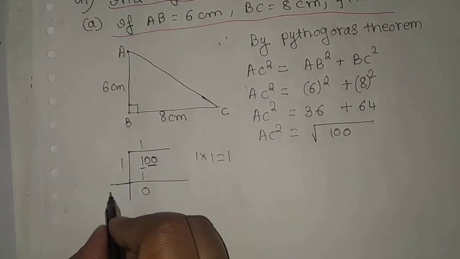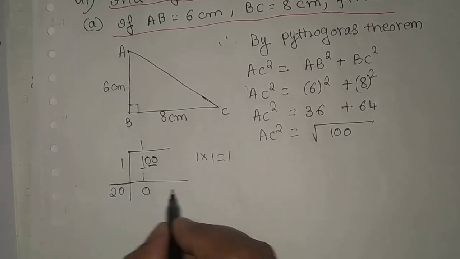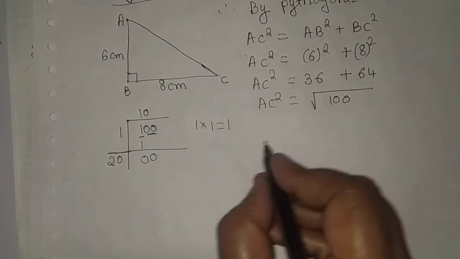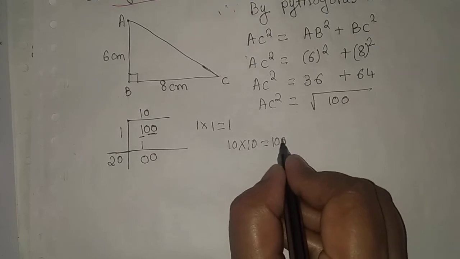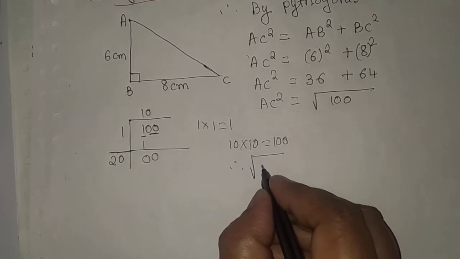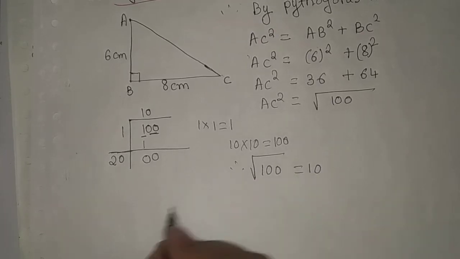Add these two, we get 2. Then put 0 zeros here. So what is the meaning? That is 10 into 10 is equal to 100. So finally, the square root of 100 is equal to 10.